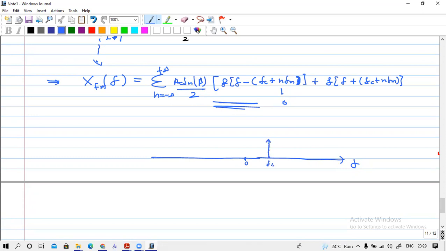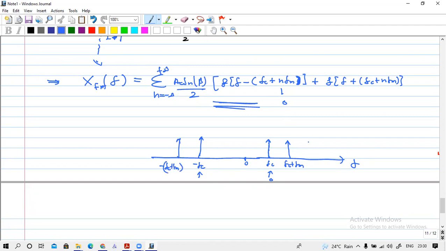So we have fc, and here also we have minus fc, okay. Then n is equal to 1, it is fc plus fm, okay. So we have here fc plus fm, and here also we have minus fc plus fm, okay.